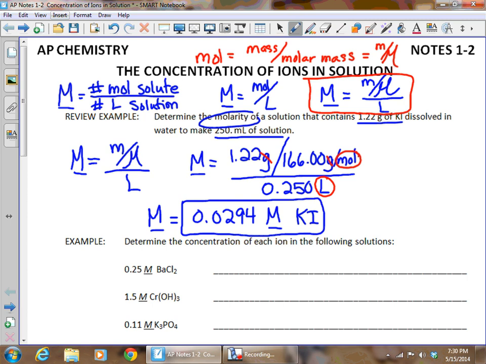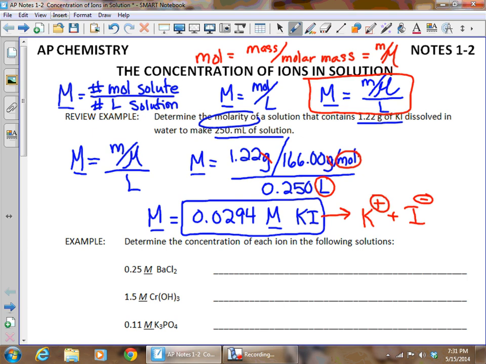Now, when we drop that KI in solution, it's going to be dissolved by the water. And when it dissolves, that KI is going to split into potassium ions. Review your charges on your periodic table for these different ions. A positive for the potassium and a negative for the iodine.